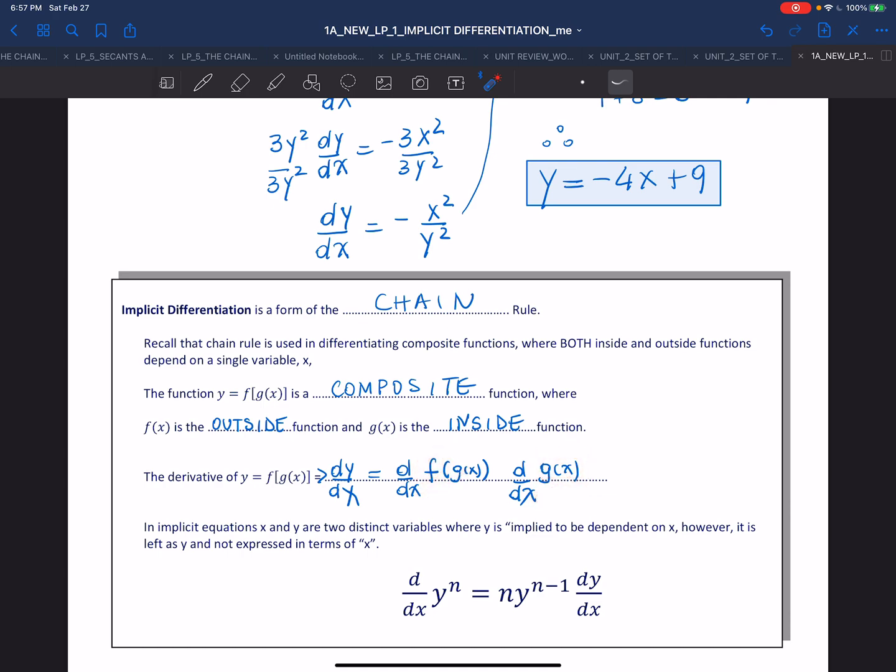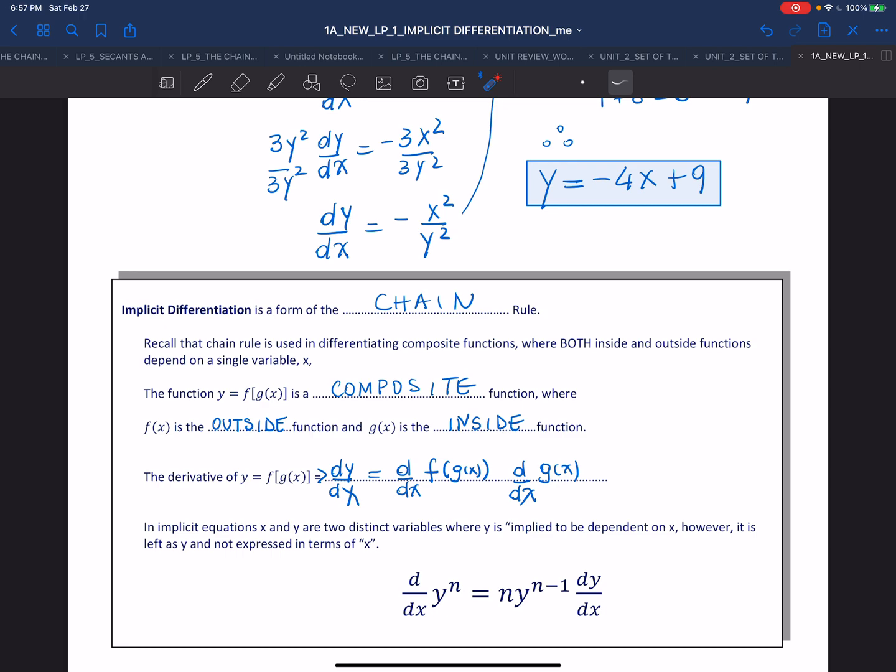Now, the only difference with implicit differentiation is that we don't know exactly what g(x) is. We know that it's represented by y that is dependent on x, but we don't know exactly what the y is. So you can think of the function here as having a y, or the derivative as having a y in here, okay?